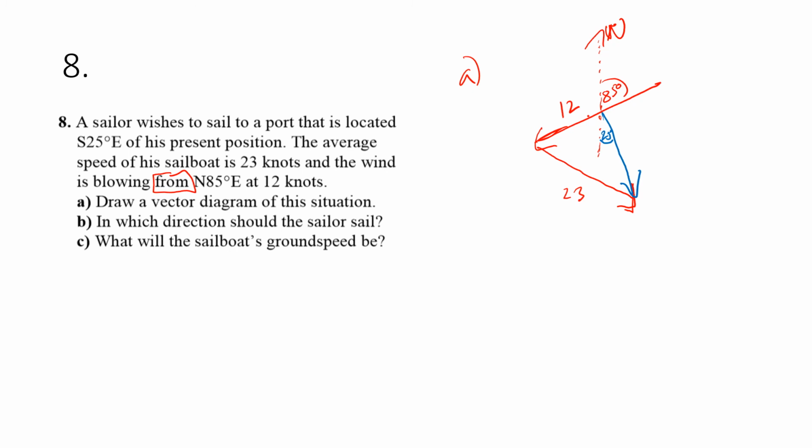So we're trying to find the direction in which the sailor should sail, right? Let's call this angle beta. And this right here should be 85 degrees because of opposite angles, right? So this whole angle is 110 degrees. Okay, that angle right there.